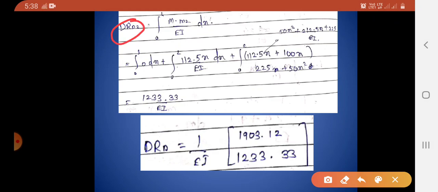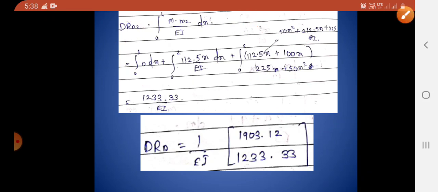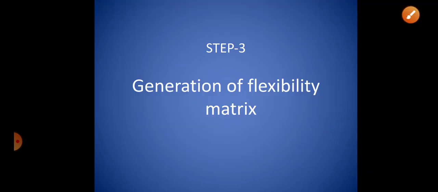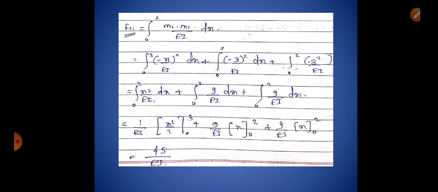What is this DRD 2 value? It is capital M into m2. Again put the respective values from the table and get the value of DRD 2. In this way we have already derived the DRD matrix, 1 by EI, and these are the two figures. Now we will go to step 3, which is generation of the flexibility matrix.